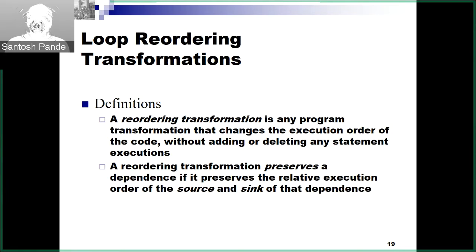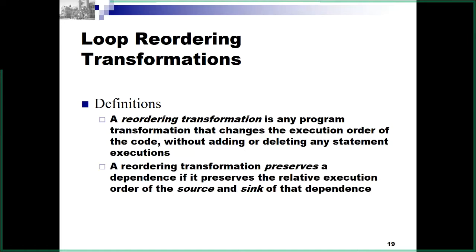So whatever was in fact reading old values, you changed to reading new values which are generated in the loop, and that's a semantic violation. So that is what we are after. And in this particular process, we are also making sure that we are not adding or deleting any statement in the program. We're just changing the order of whatever is there.